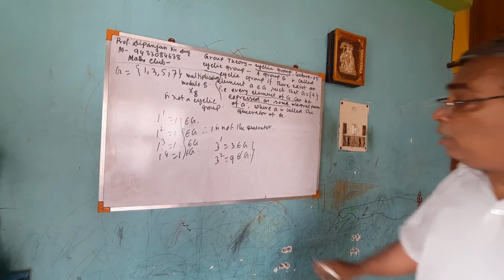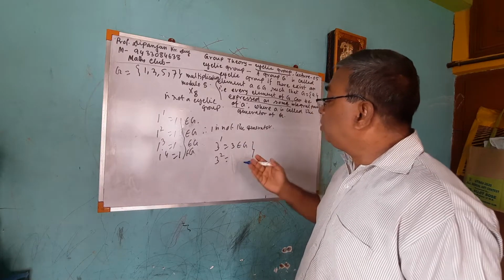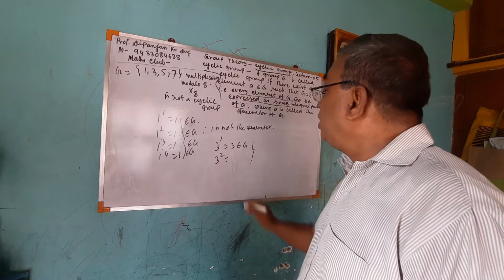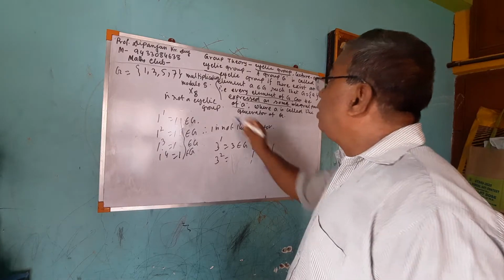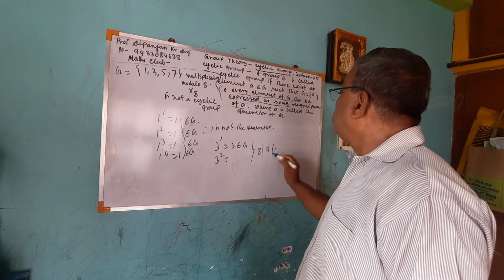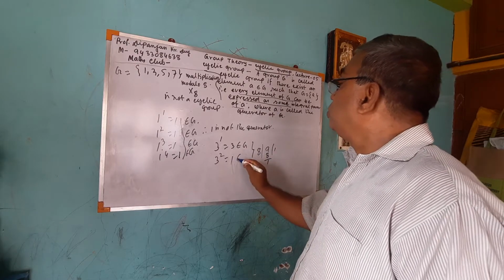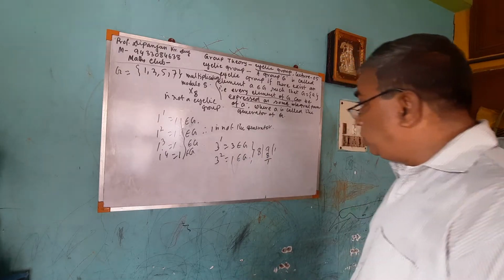But here it is multiplication modulo 8, so 9 divided by 8: 8 ones are 8, remainder is 1. That belongs to G.